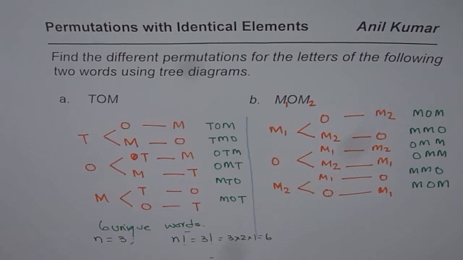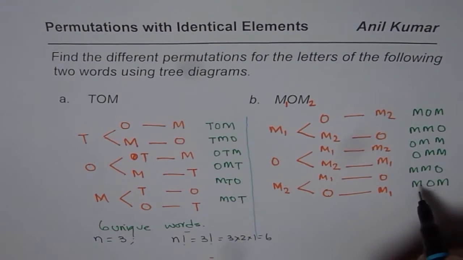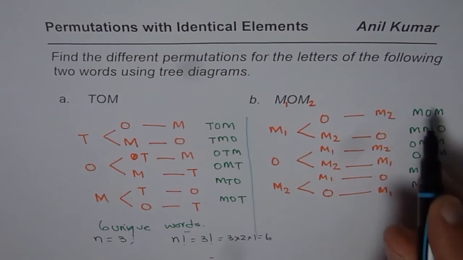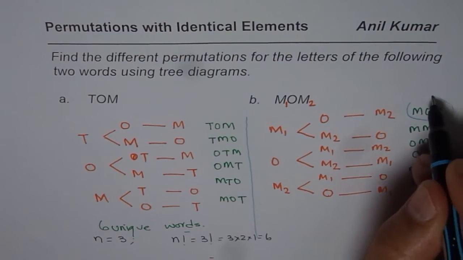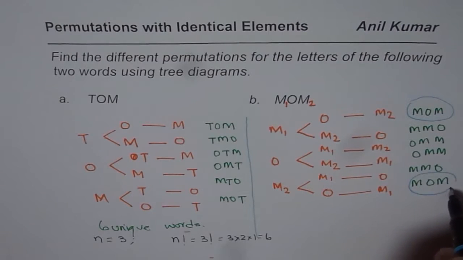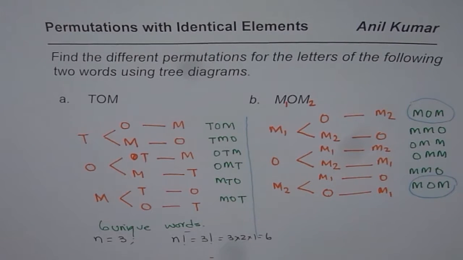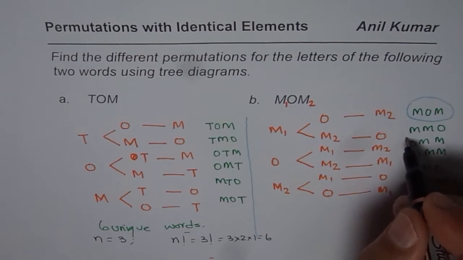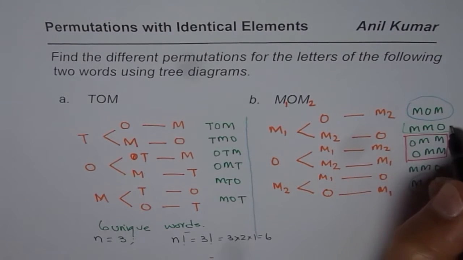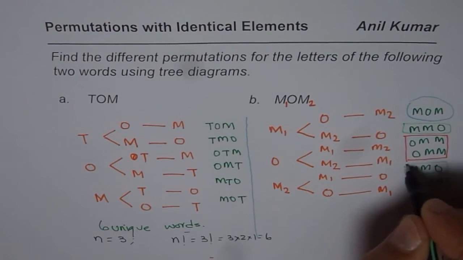Now, what do you notice in this? You notice very clearly that some words are repeated, right? Like these two words, MOM and MOM, repeat; they are not unique combinations. Similarly, we have two other words repeating, which are OMM and OMM, and MMO also repeats.